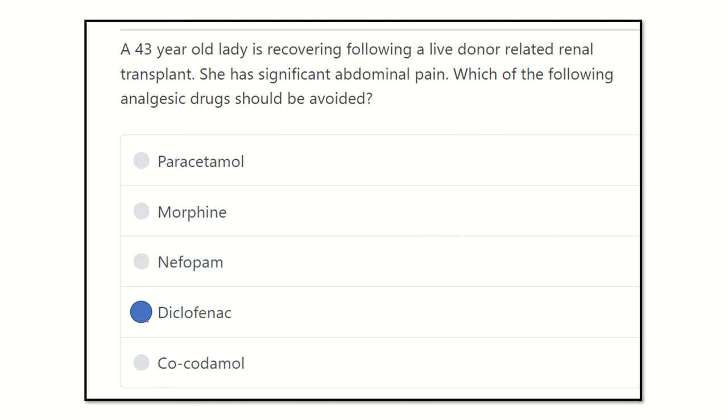So finally, we can give the renal transplant patient drugs other than NSAIDs, such as paracetamol, morphine, nefopam and cocodamol, because they are usually metabolized by the liver.